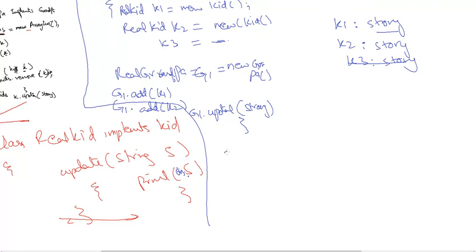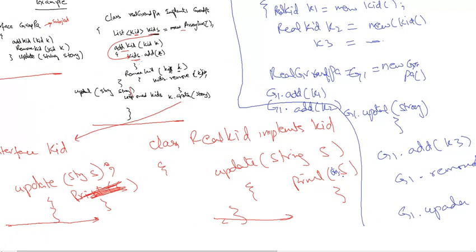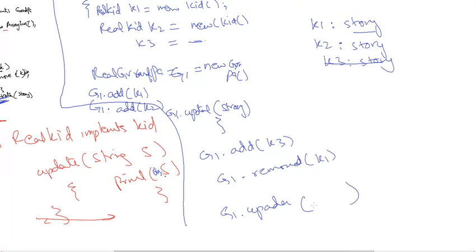So at the end, even if we add k1 dot add k3, we add, and we remove g1 dot remove, let's say k1, and then we again call g1 dot update, from our subject, we call this update function with, let's say, a string bad story. Then what will we get? So this was our output for the first time.